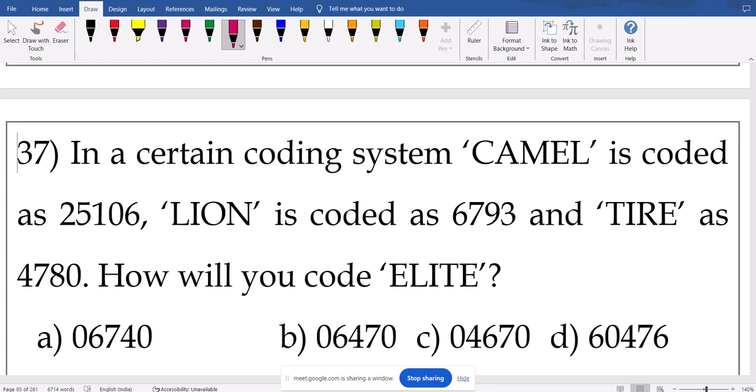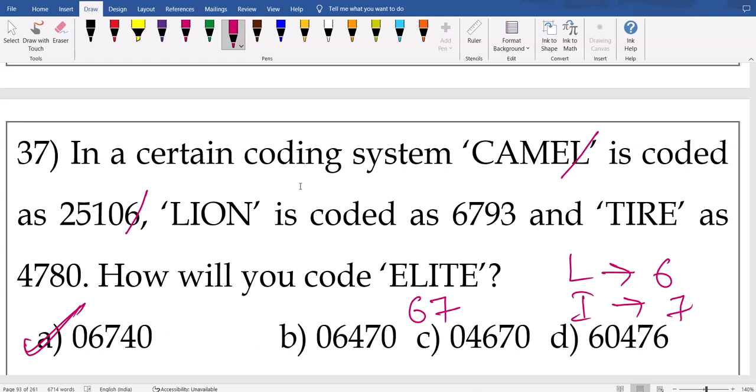Camel and lion, if you compare, L is common, 6, okay, and in fact the position is also the same. If you want to cross-verify, in lion I is 7, in tiger I is 7. In tiger and lion, the common letter is I. Compare. I is 7, agreed. The position is also the same. So L is 6, I is 7. So I want 6, 7, option E.